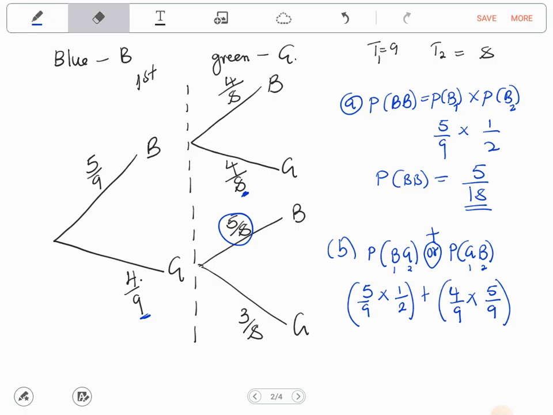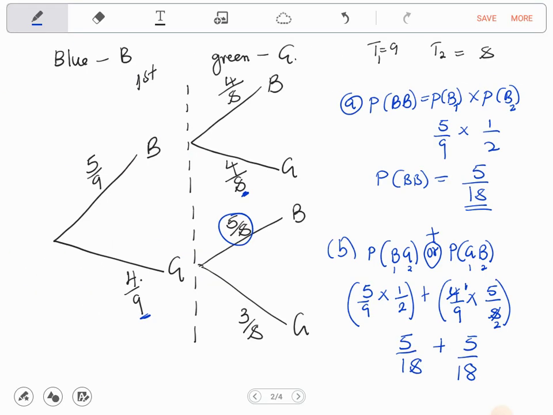Here we can see that I'll still get 1 here and 2 there, right? So I'll still get 5 over 18 being added to 5 over 18.